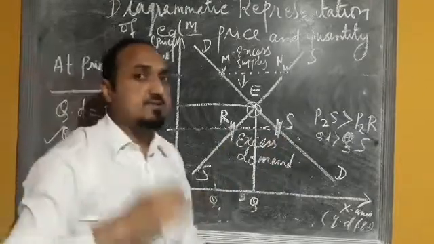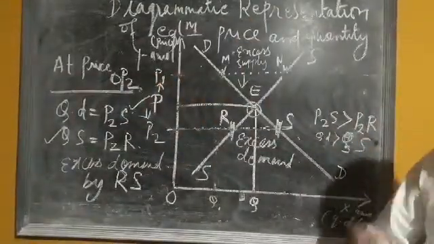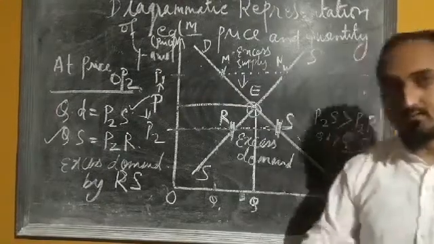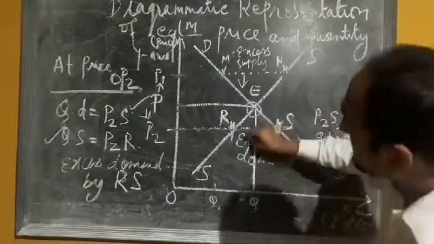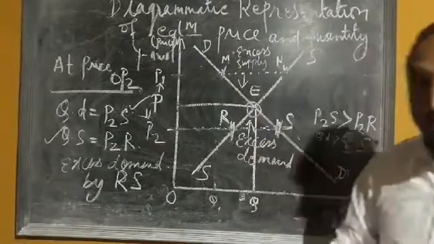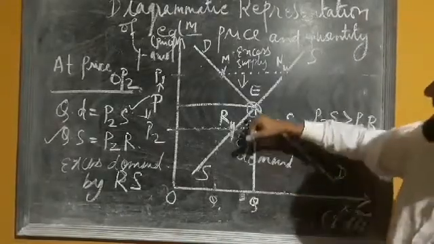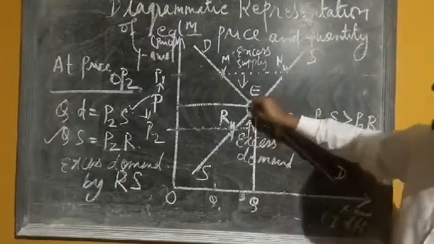Now when there is an excess demand for a commodity in the market, then obviously what will happen? The price will increase, slowly the price will increase, and finally it will reach the equilibrium, that is at point E.